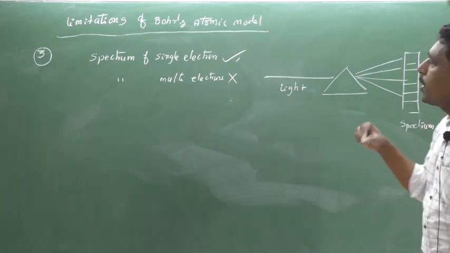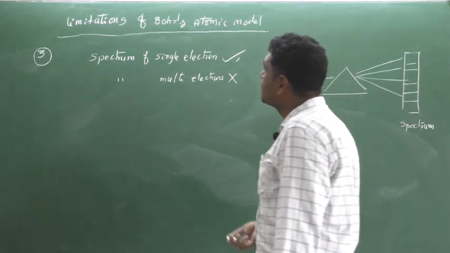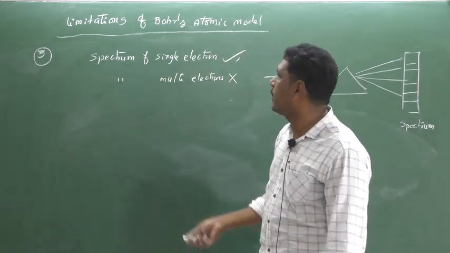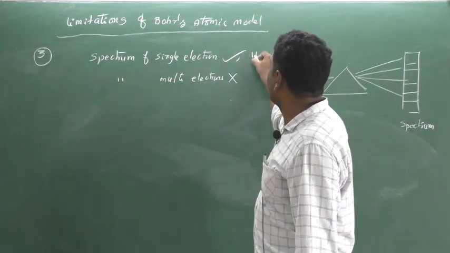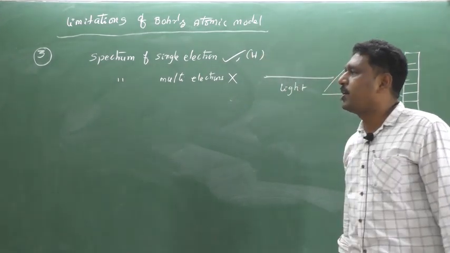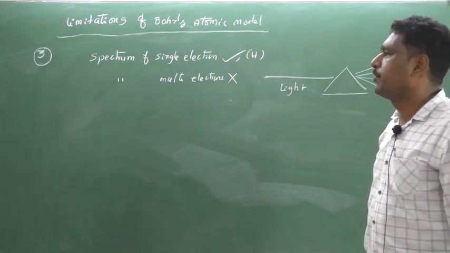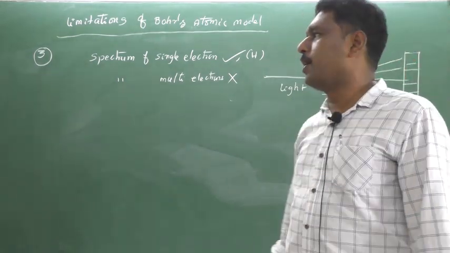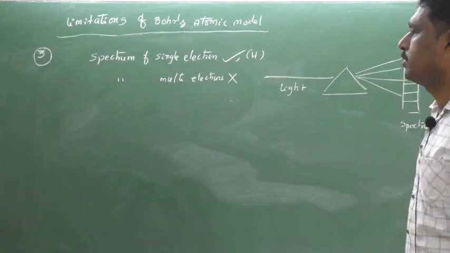So it explains the spectrum of a single electron only, like hydrogen. The spectrum is explained only by this theory for such atoms. It failed to explain the spectrum of sodium and the remaining elements.